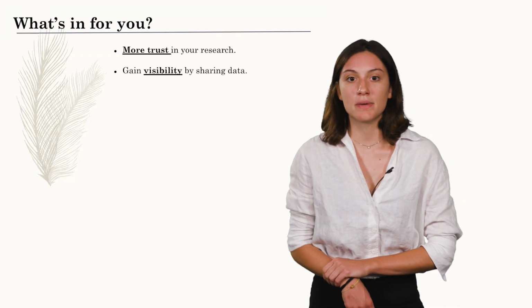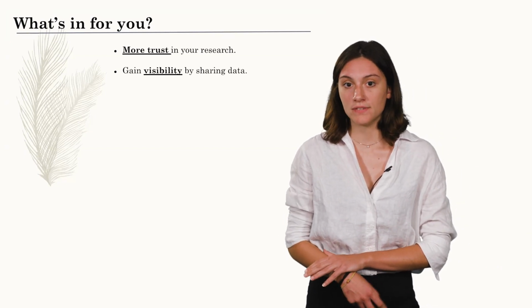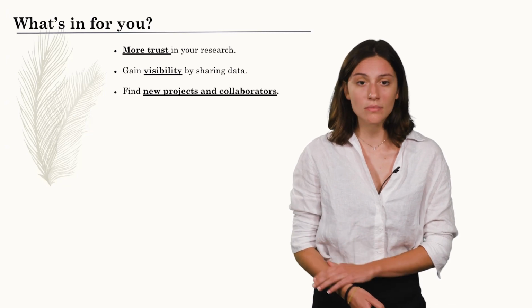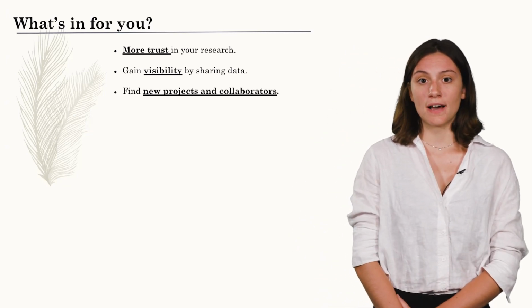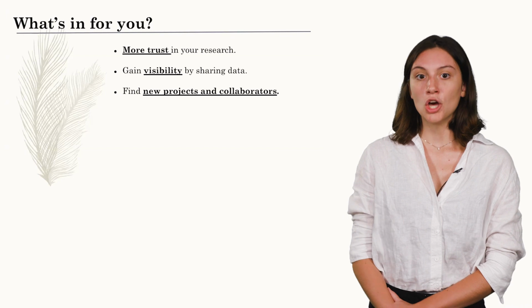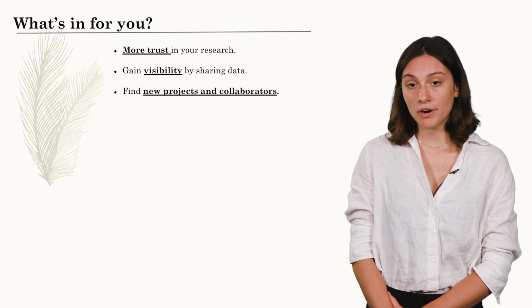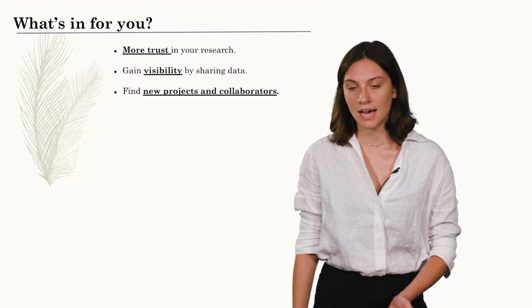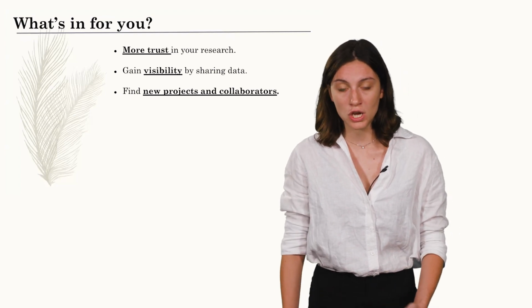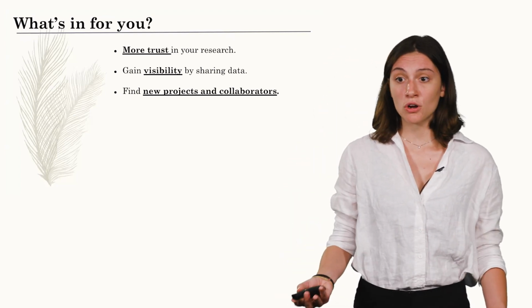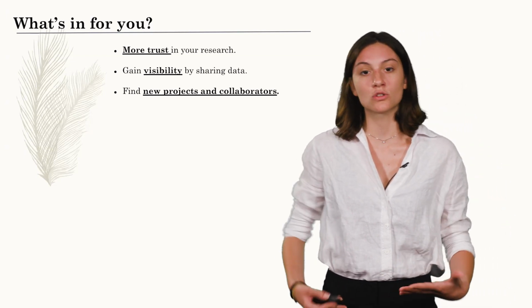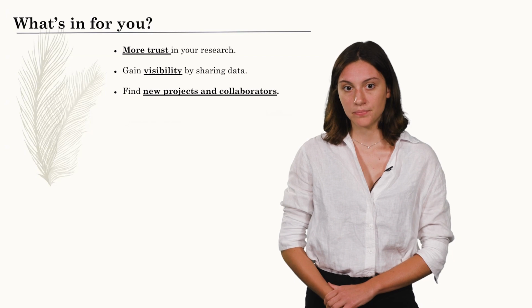Another important aspect is that open science can help you gain visibility, for instance, through data sharing. And related to this is also the fact that by sharing data, you might find new projects and new collaborators, and we know that cross-fertilization of ideas is a really important aspect of research, whereby by sharing a project, you might actually find new ideas and find collaborators that complement your skill set.